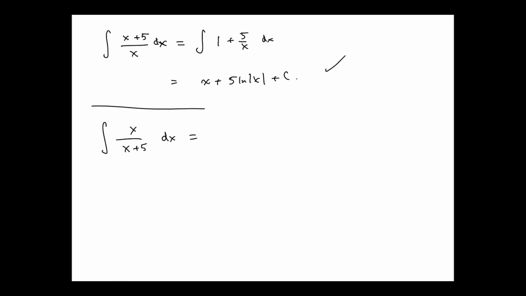All right. So what I'm going to do here is let me let u equal x plus 5. du is dx. But if u is equal to x plus 5, what's x? u minus 5. Let me substitute that all in.